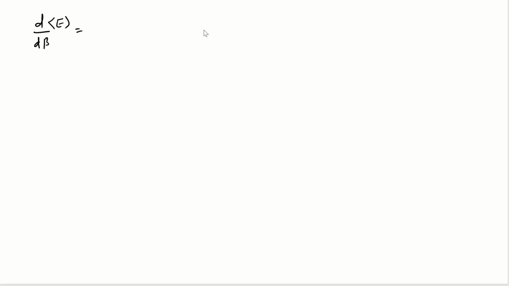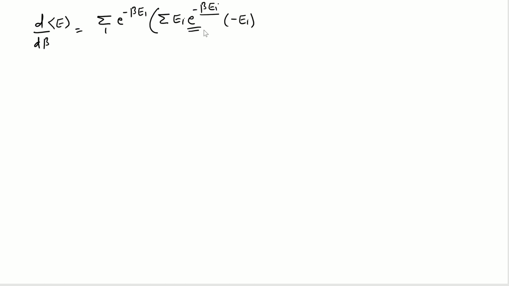First I'm writing g, which is the denominator: sum over i exponential minus beta ei, that's g, multiplied by f dash. So f dash is the differential of the numerator, which is ei exponential minus beta ei, and again the differential of the exponent with respect to beta will give us another ei.